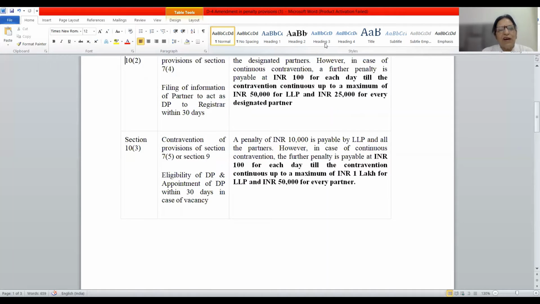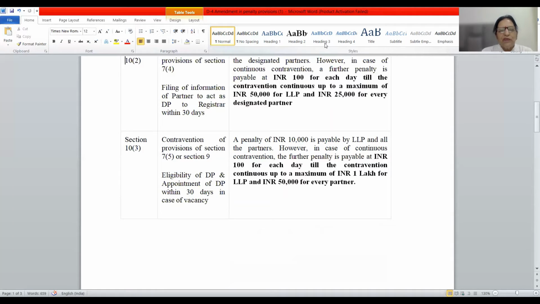And now the third one is contained under section 10, subsection 3. This is regarding contravention of provisions of section 7, subsection 5 or section 9. Now, section 7, subsection 5 is regarding eligibility of a designated partner, and section 9 is regarding appointment of a designated partner within 30 days in case of vacancy.